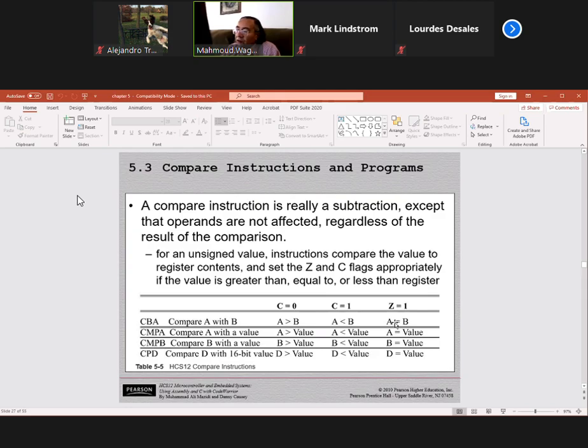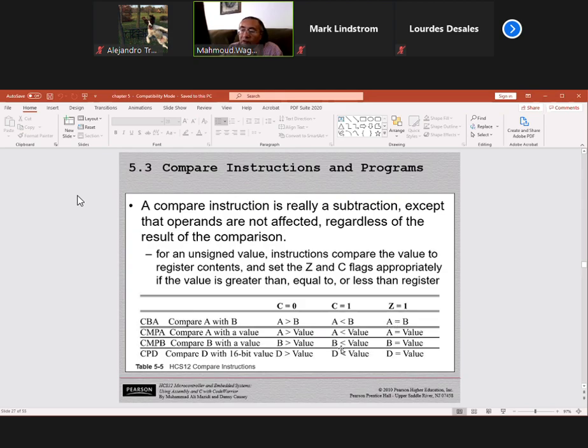That means the result of subtraction is 0. Let's put it this way: the comparison process is an incomplete subtraction process. The only difference between the two is that in the subtraction process, the final result resides in the accumulator.